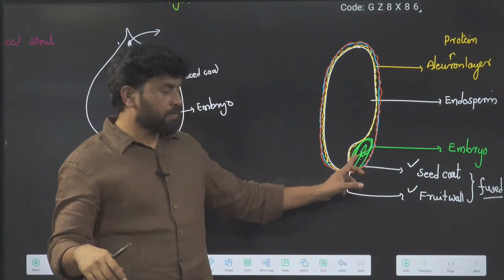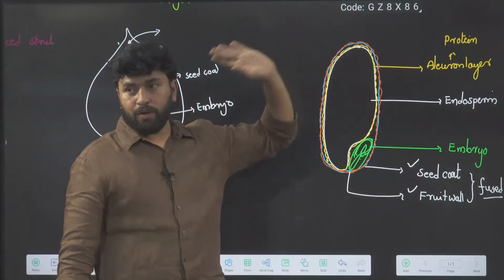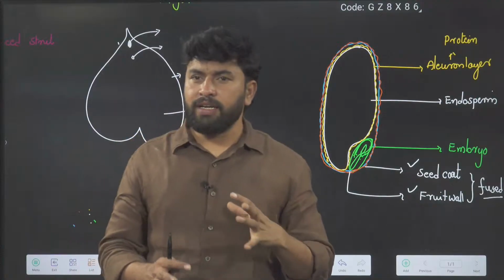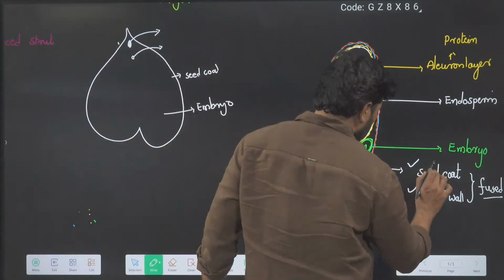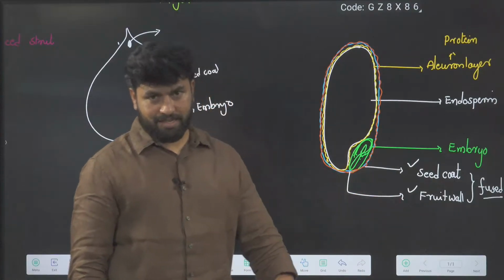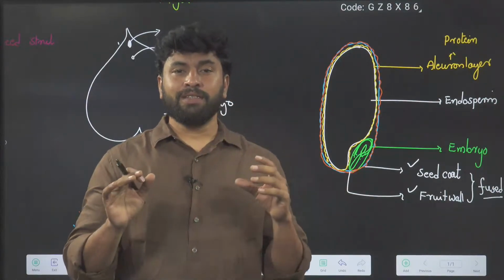The total part of the embryo is separated from the endosperm by a protein-rich layer called the aleurone layer, and seed coat and fruit wall both are fused together, and there is a formation of a structure called husk. These are the parts we need to remember regarding the seed, whether it is dicot or monocot.